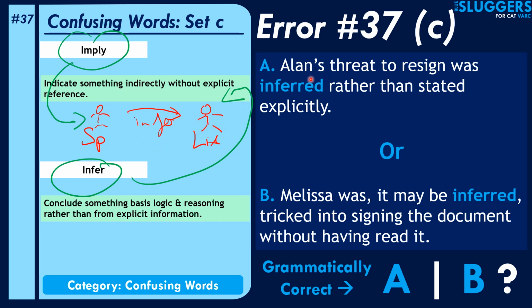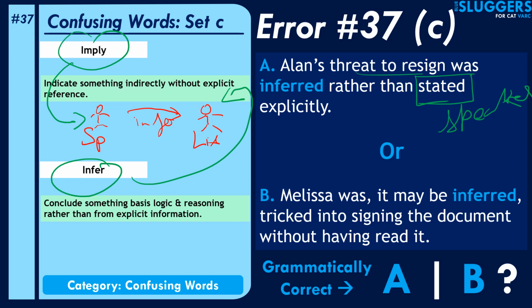So look at the first sentence. It says Alan's threat to resign was inferred rather than stated explicitly. See, we're talking about statement, right? The word stated tells you that the action is on part of the speaker here, because the speaker would state or not state the threat to resign explicitly.